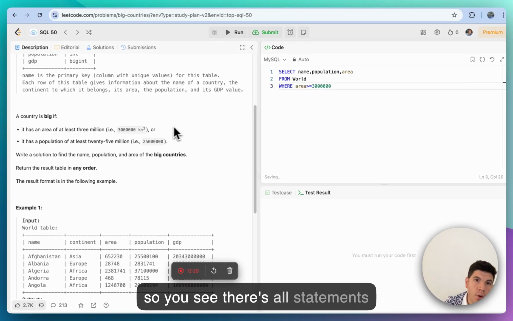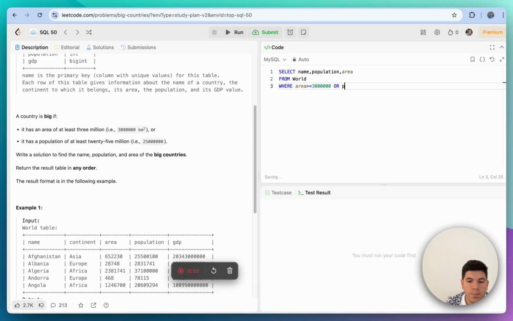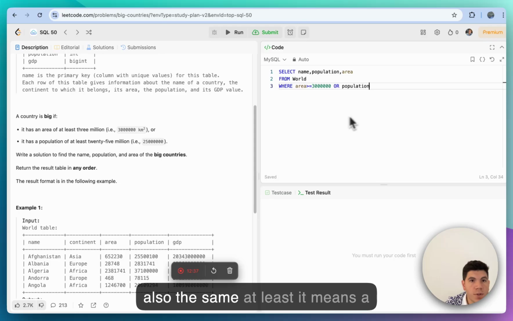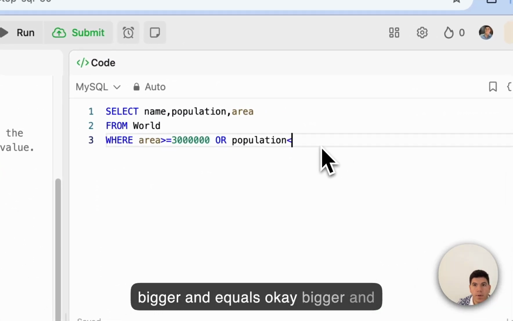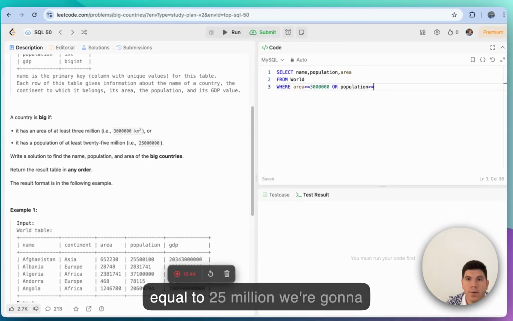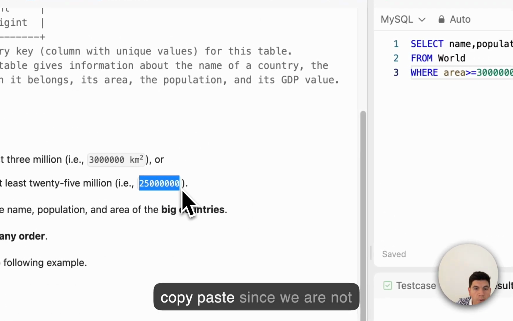So you see there's an or statement, then we're gonna use the or. Population is also the same, at least, it means bigger than or equal to 25 million. We're gonna copy paste.